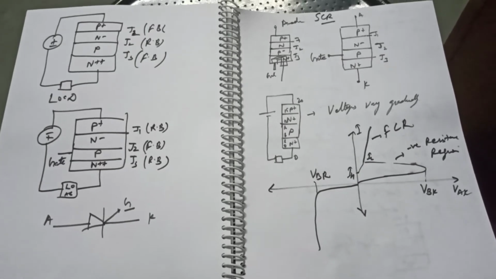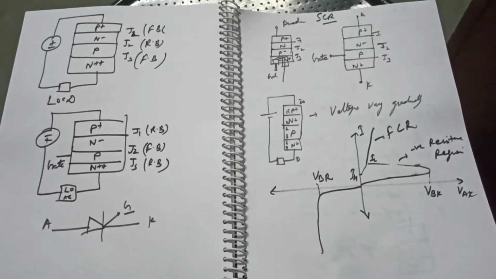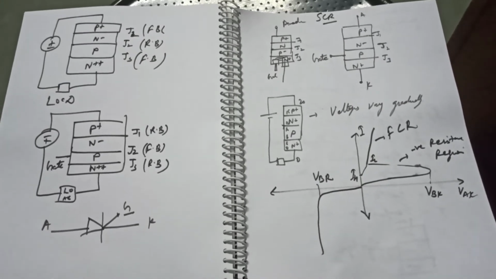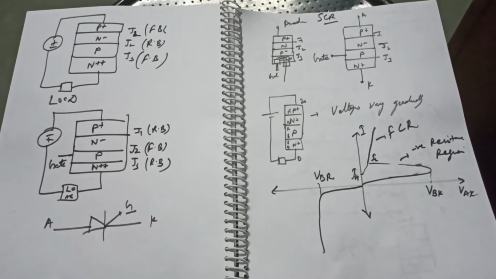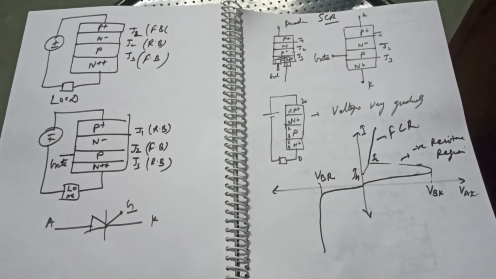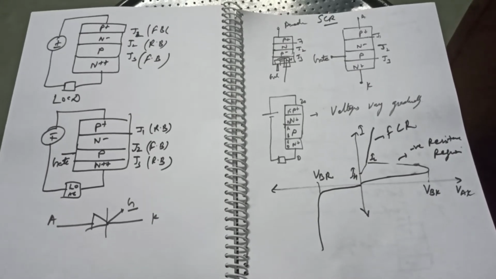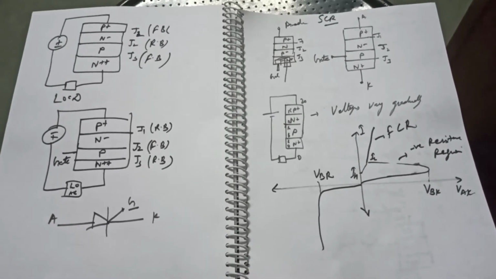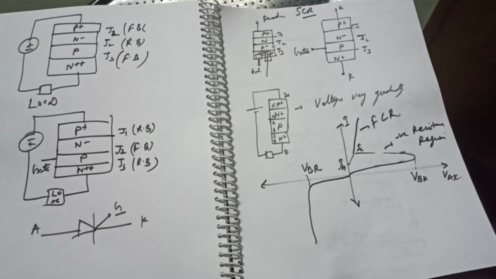It means a thyristor can be very helpful, if controlled properly, in creating a reactive power source which consumes reactive power and also supplies reactive power. I think these things are quite clear.